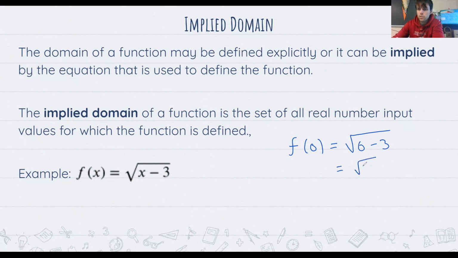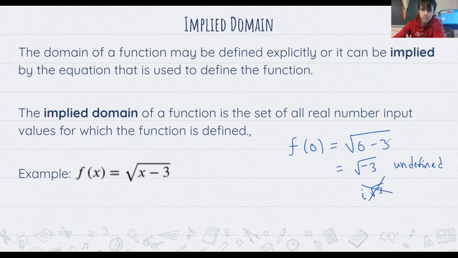Well, that's going to be the square root of -3. That technically we know what that is. That's i root 3 or square root 3 i, however you want to say that. Has value, but that's not a real number. We actually say at this point that this is undefined. So our function is not defined, at least on the real numbers, for an input of 0.